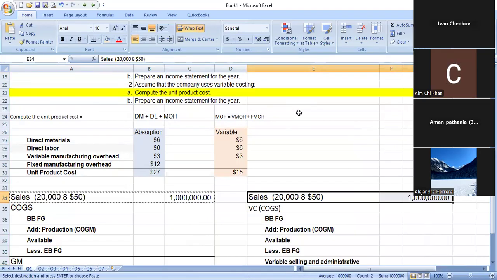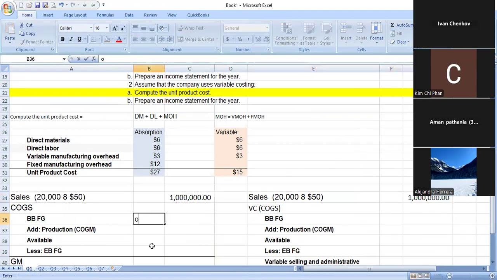What's the next thing that I have to do? Cost of goods sold. And start with the beginning balance. How much is beginning balance? Zero, right? Starting with 0 and keep going until we get the number. Now, production. How many did we produce?